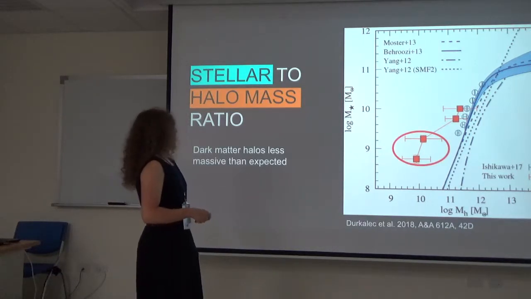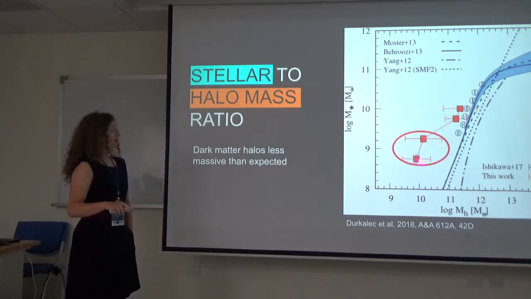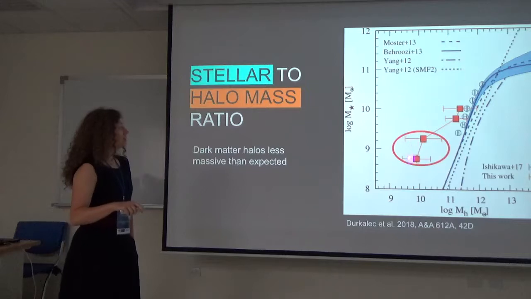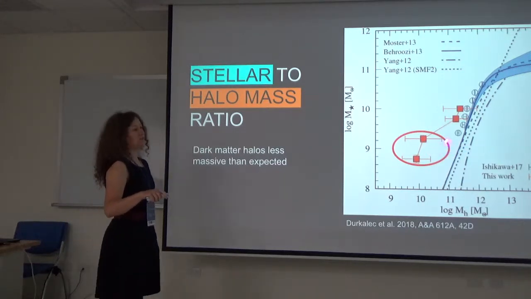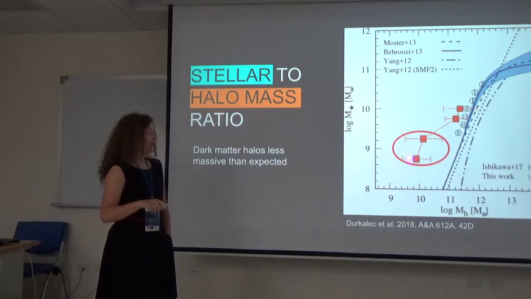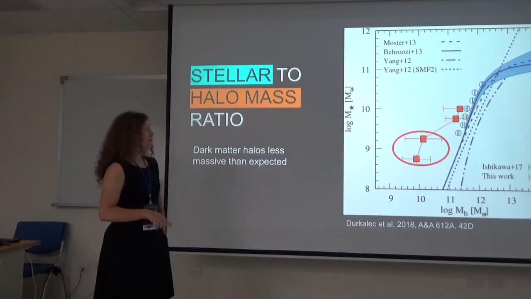The problem starts here, where we are way off. These are the galaxies that are forming stars more effectively than we would expect, and they are in less massive halos than we expect them to be.